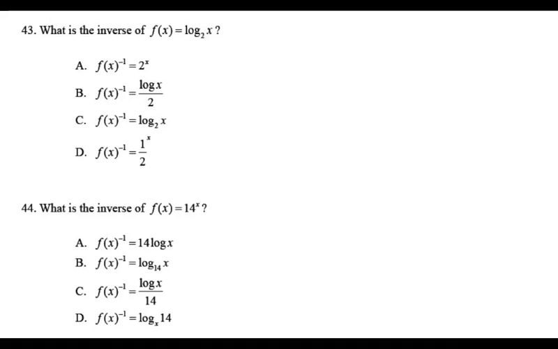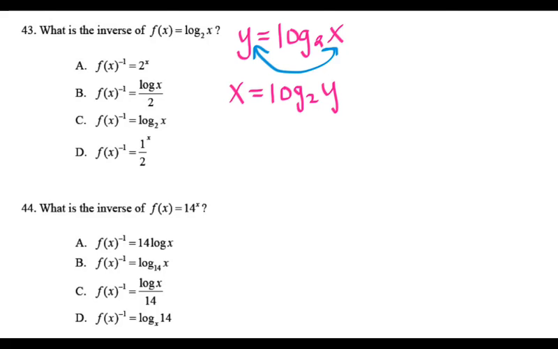What is the inverse of f of x equals log base 2 of x? Again, I'm going to write this as a y, so I have y equals log base 2 of x. I still want to switch my x and my y, so I have x equals log base 2 of y. For this, to be able to solve for y, I'm going to make a note.